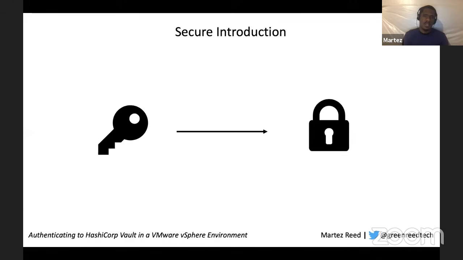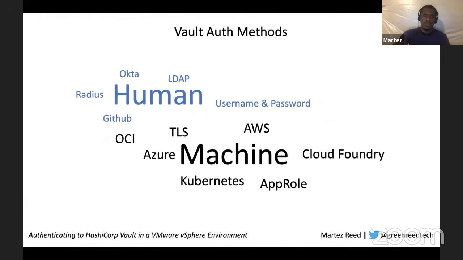Or oftentimes in the case of IT and automation, how do we hand that off to a machine to actually be able to authenticate with our HashiCorp Vault? And so that brings us to different Vault authentication methods. There's really two types that all authentication types fit into, these sort of buckets.